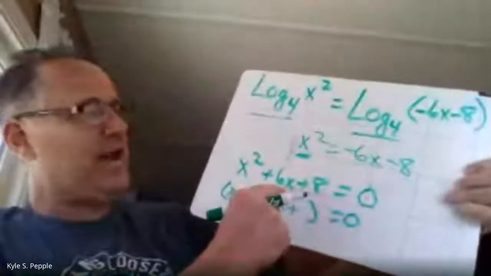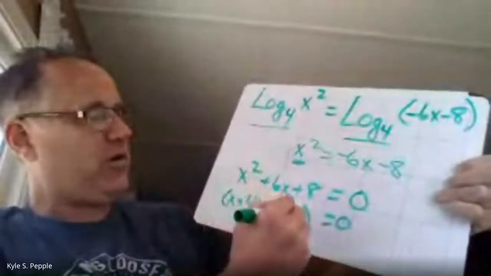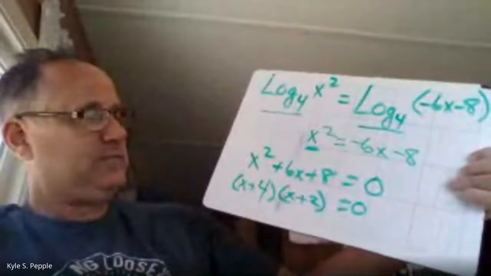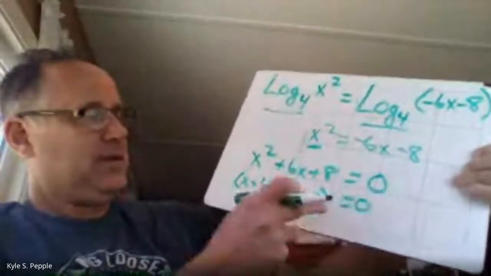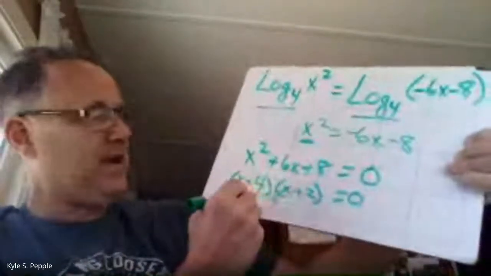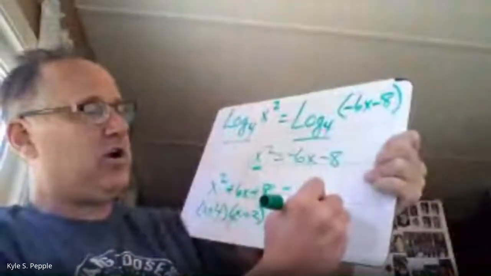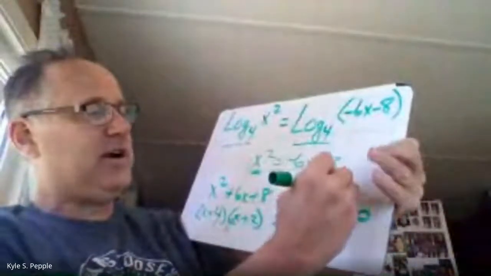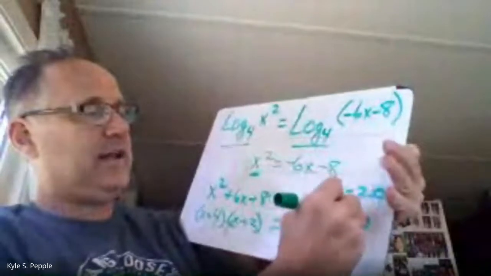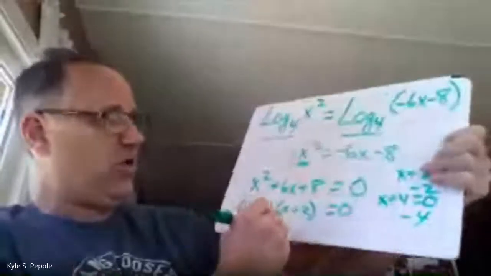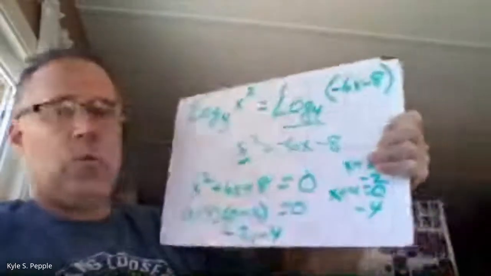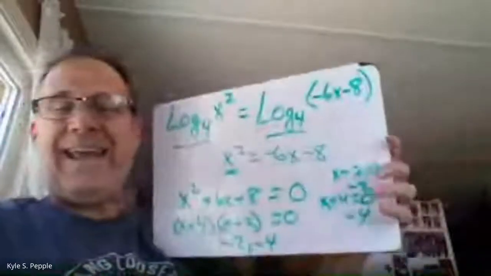Factors of 8 when added up to equal 6 are 4 and 2. So our solutions would be when we put both of those equal to 0, we end up with -2 and -4.